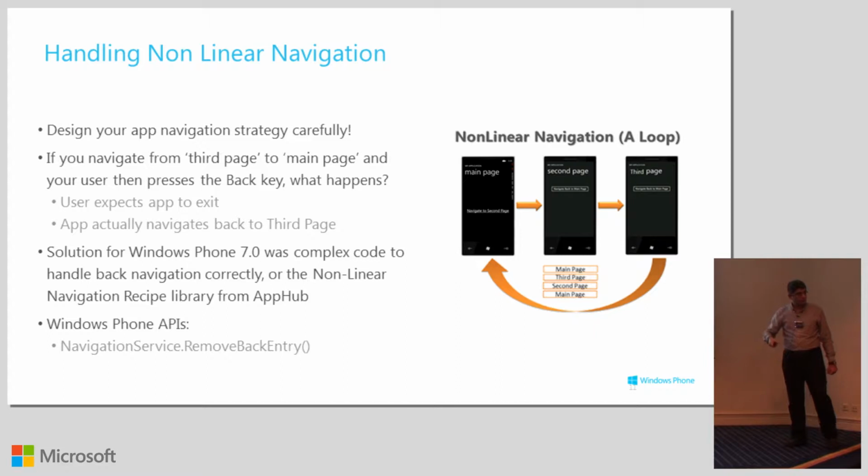And then if the user presses back, he's going to go out of the application. So you need to build that logic in your application and see where you are coming from. For example, you could be on the main page from the second page. In that case, you don't need to do anything. But if you're coming from the third page, then you need to indicate to the main page that you're coming from the third page, and then do some logic to remove the back history.